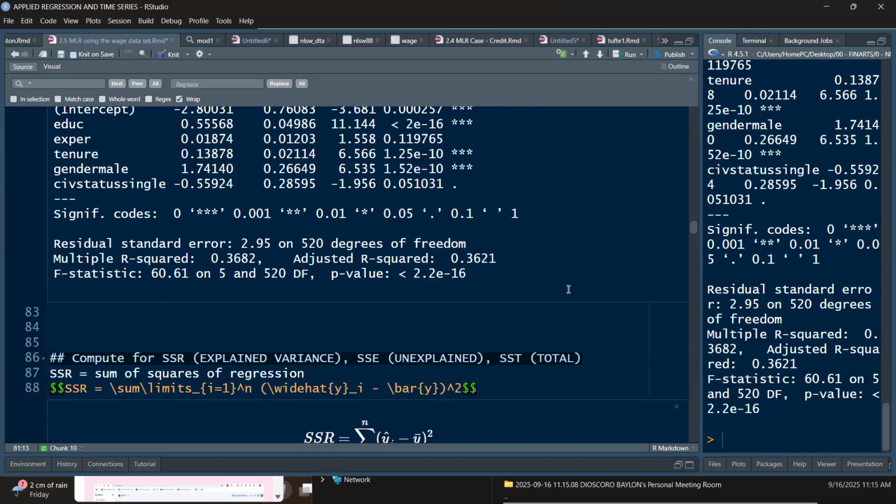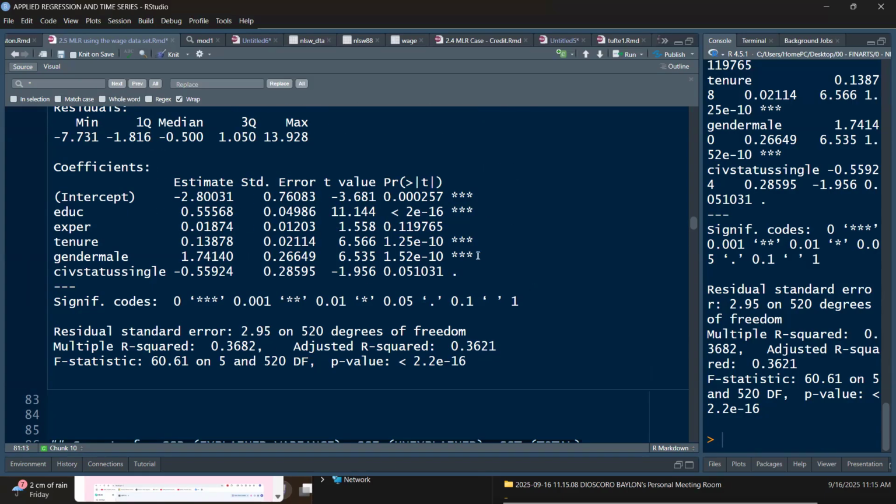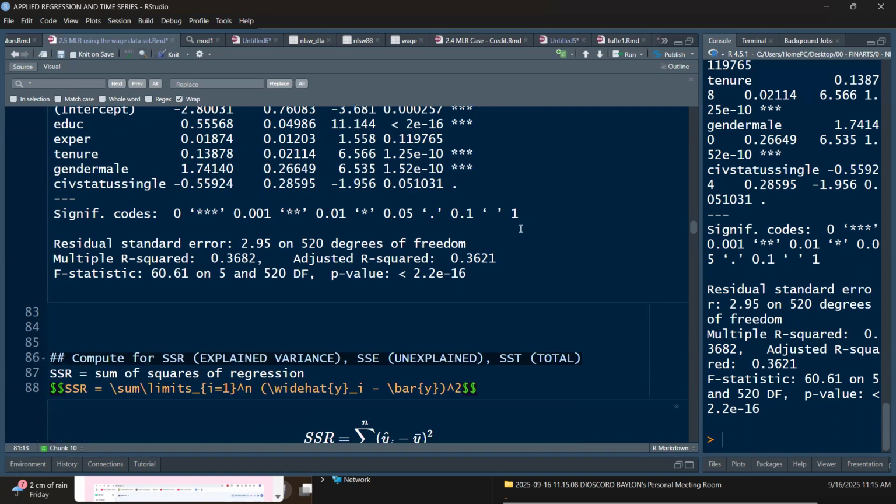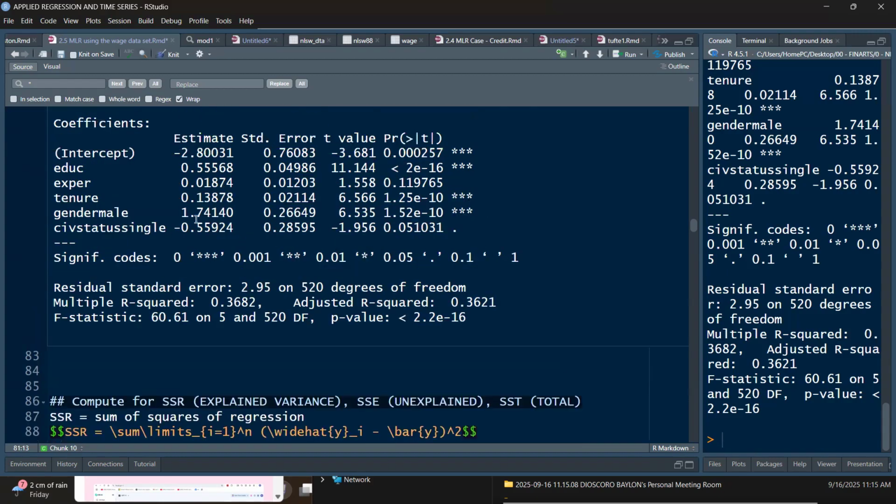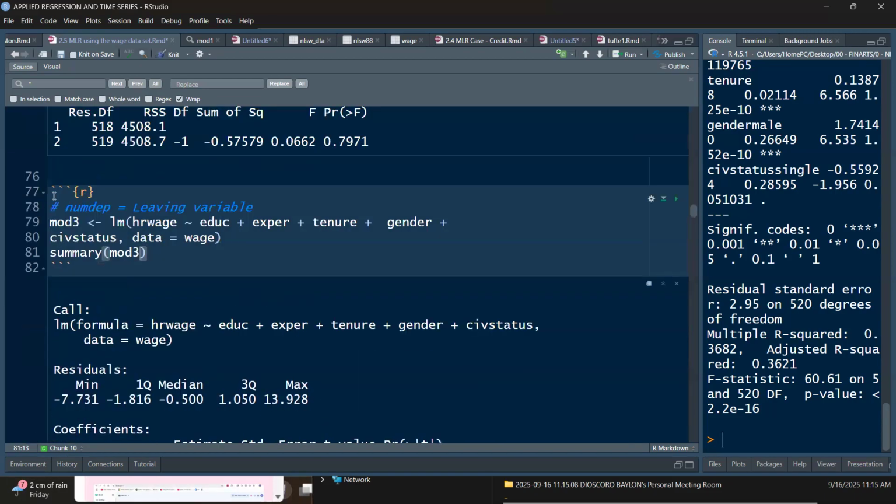Okay, but what's important is, again, let's do ANOVA. Here we only have one insignificant predictor, experience. And also civil status is significant, but at 10%, no?